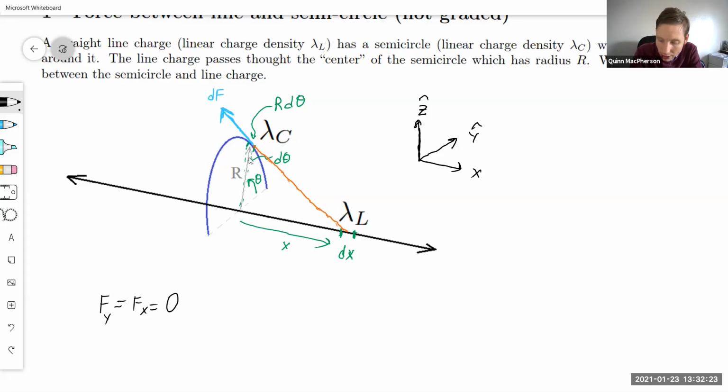I'm going to write those out as dq1, this little differential charge here, which is equal to the length times charge density, so lambda L times dx. dq2 is equal to lambda C times r d theta, because the length of this little chunk is r d theta, so the charge of this little segment here is lambda C r d theta.